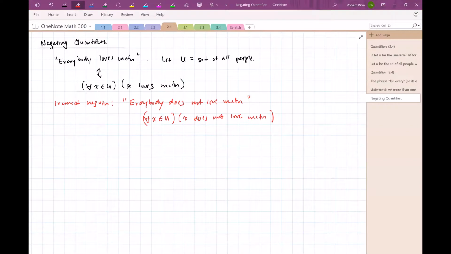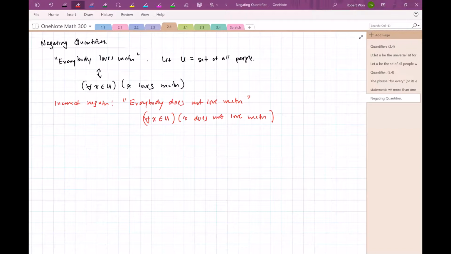How could the first statement, everybody loves math, be false? In order for that to be false, and it is false, there just needs to be somebody who doesn't love math. We don't need everybody to not love math for the first statement to be false. We only need one person to not love math. Whereas this red statement that I've written, everybody does not love math, is way too strong. It says that everybody doesn't love math. So how do you negate everybody loves math?